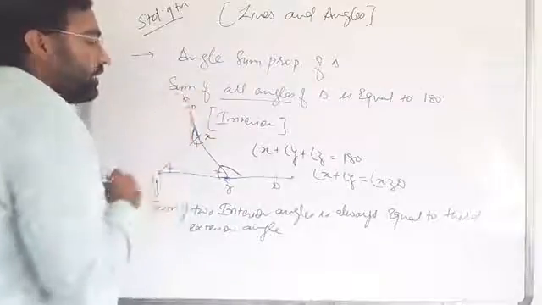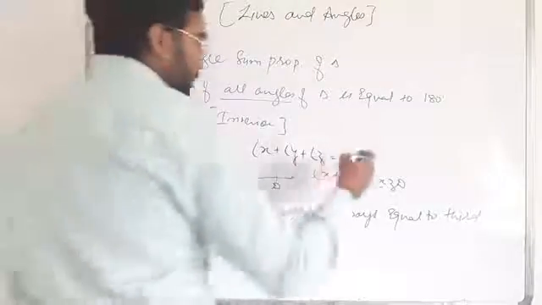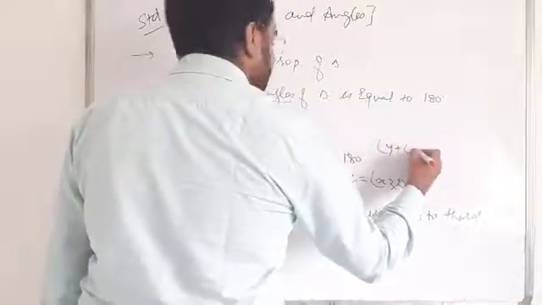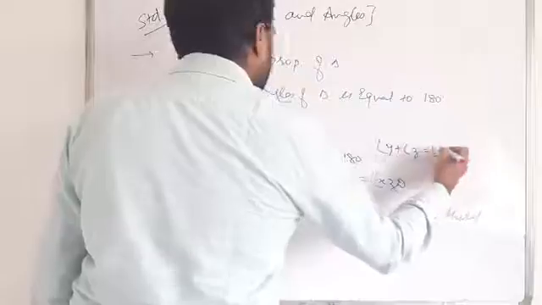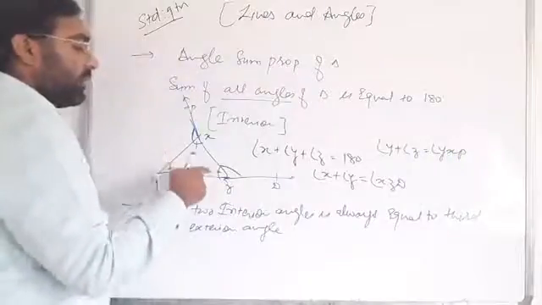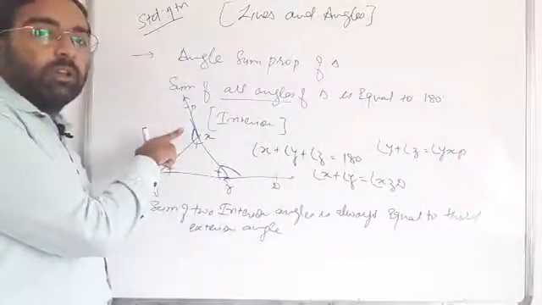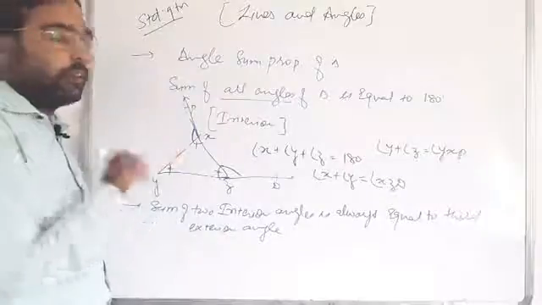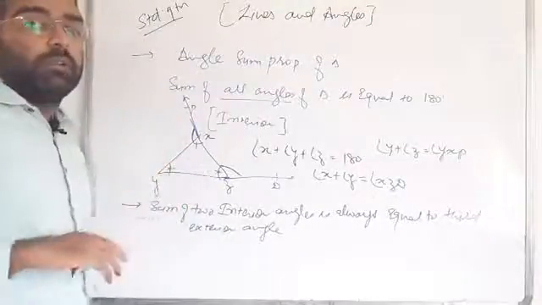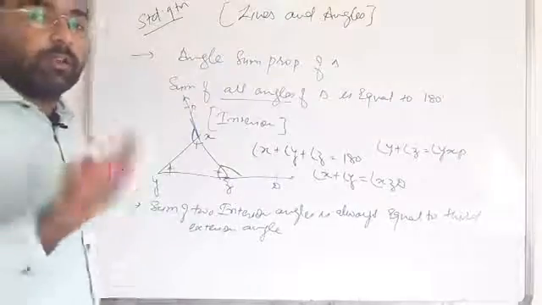I'll write P. So angle Y plus angle Z is equal to angle YXP. That is, the sum of two interior angles is always equal to the third exterior angle.